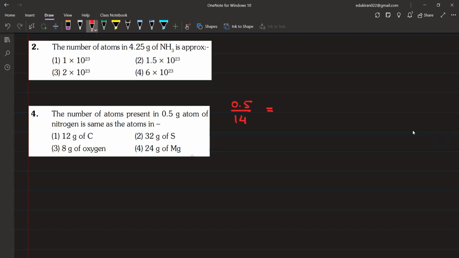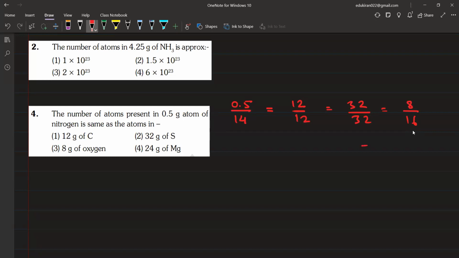Now, this will be equal to 12 upon, carbon's molar mass is 12, or this will be equal to 32 upon molar mass of sulfur, which is 32, or it will be equal to 8 upon, oxygen is 16, right?